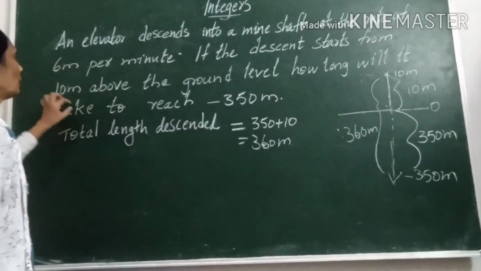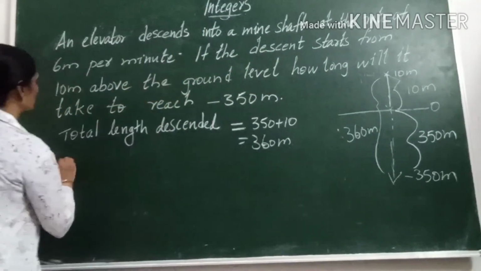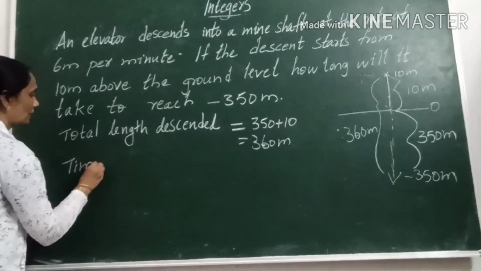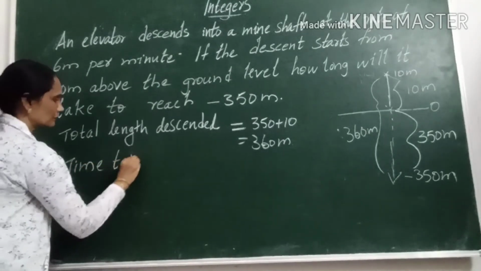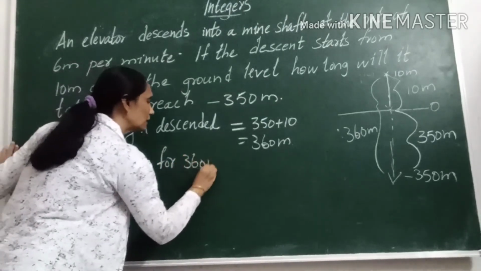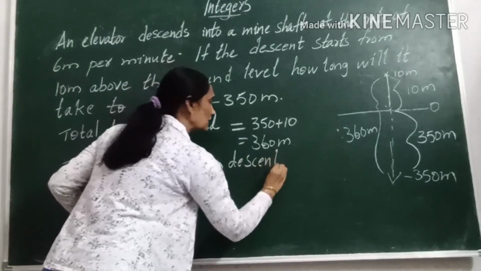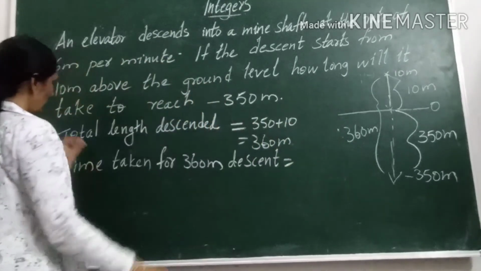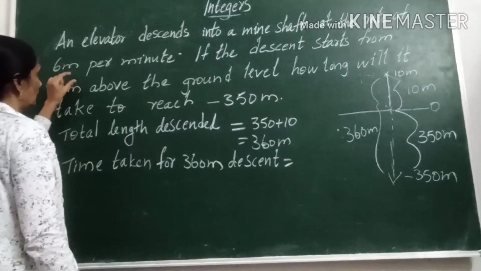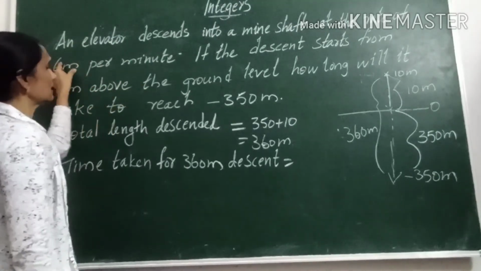Okay, now how long will it take? Time taken for 360 meter descent. 6 meter descent, 1 minute.